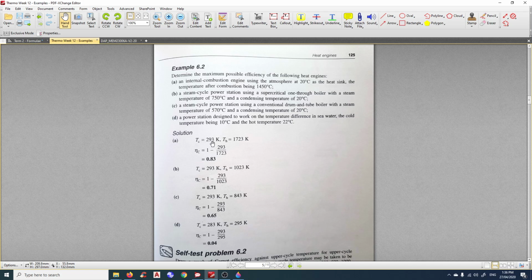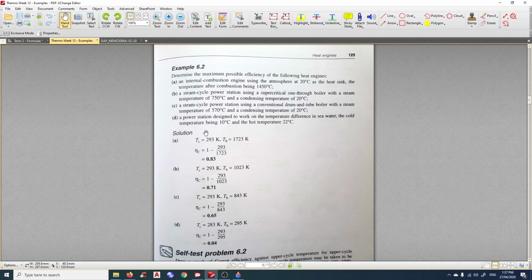You convert 20 degrees Celsius, which is the cold temperature, plus 273 to become 293 Kelvin, and the hot temperature 1450 plus 273 is equal to 1723 Kelvin. So 1 minus that, and 0.83 is the maximum possible efficiency of that particular engine.